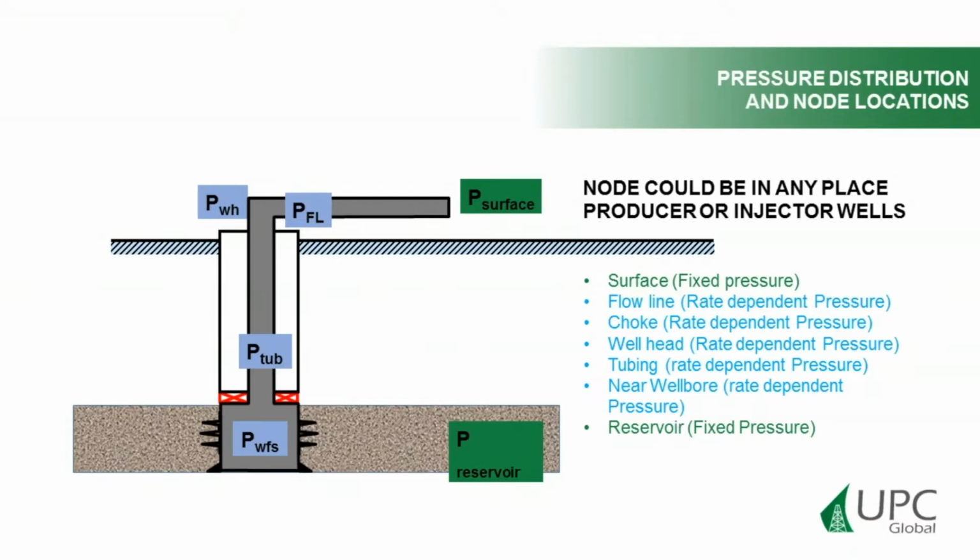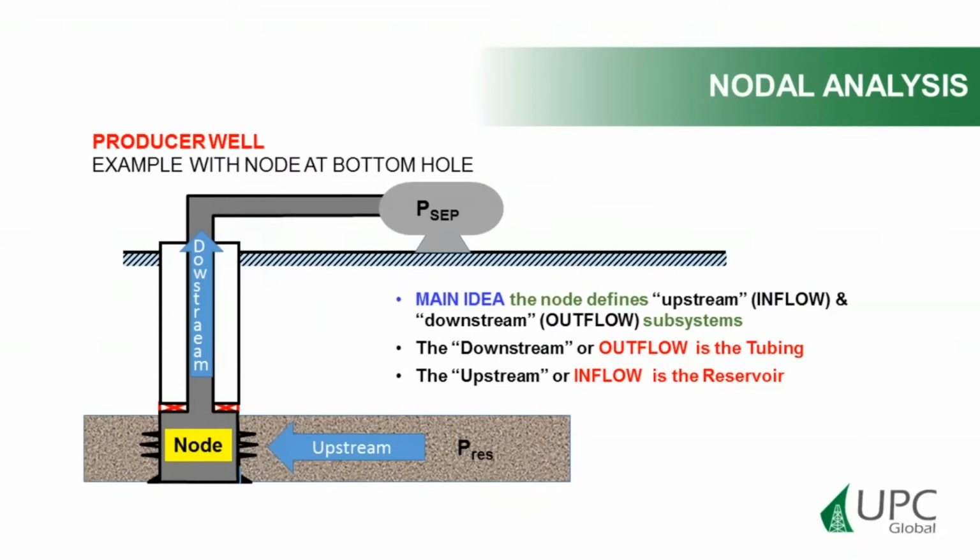Okay. So let's talk about the producer well with the node at the bottom hole. This is the most common and usually what people have as the idea of nodal analysis. This is just one possibility. Okay. So what is the idea of nodal analysis? The main idea is to define a node that could be any place, and I'm going to use the bottom hole.